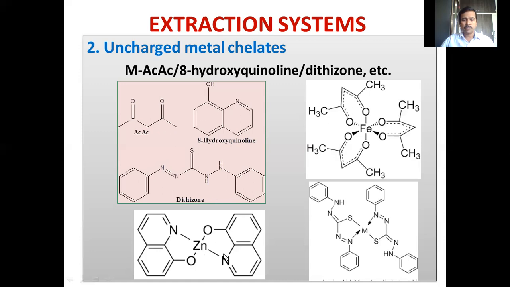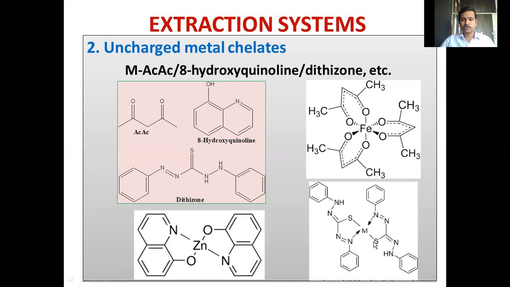And similarly, consider 8-hydroxyquinoline. 8-hydroxyquinoline will form a chelate with zinc(II). The divalent zinc ion will form the complex with 8-hydroxyquinoline. Similarly, you take dithizone, and any metal such as lead, zinc, bismuth, thallium, etc. They have the ability to form complexes with dithizone. Dithizone is a suitable reagent for determination of lead and even for determination of nickel.